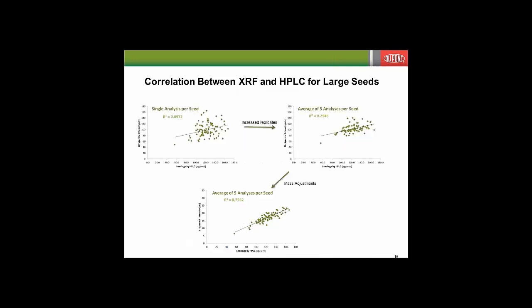It's not quite as easy with the larger seeds, but with the larger seeds there are other things that can be used that might allow there to be greater alignment between XRF measurements and the actual loadings on seeds. In this particular case, there were subsequent mass adjustments, just knowledge of the size of the seed, and knowing that you've characterized the coating on the seed, that would be a way of further aligning the data from the XRF to an HPLC.